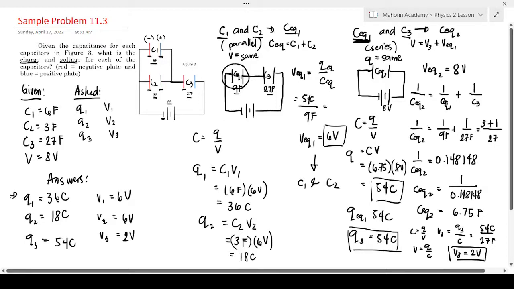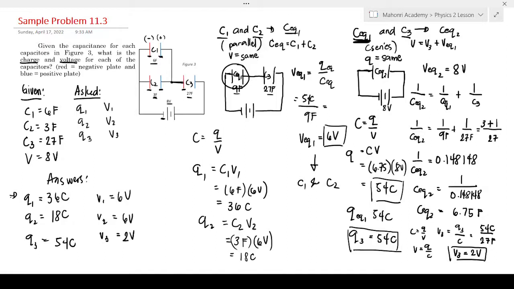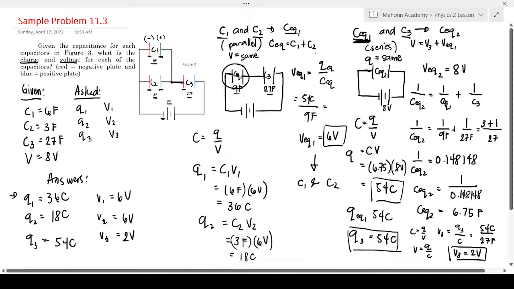So this may look very confusing, but in reality it's actually not. What you just need to do in this situation is, when you have series and parallel, you have to create the equivalent capacitance for each. So here it makes more sense to create the equivalent capacitance for your parallel.